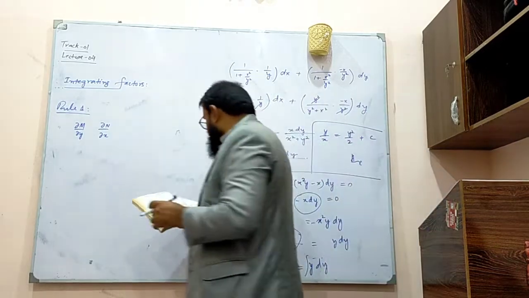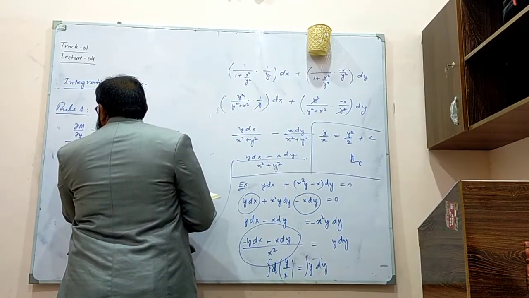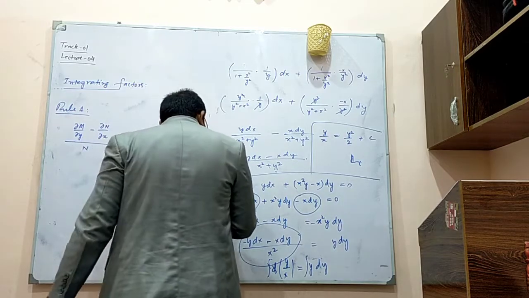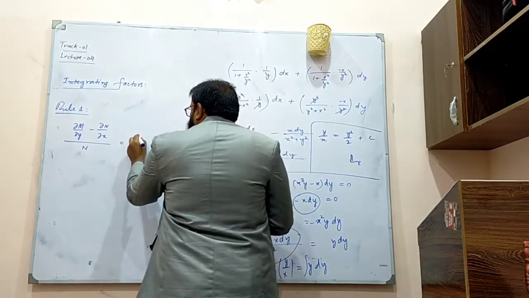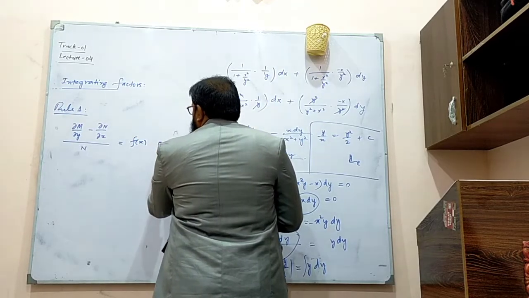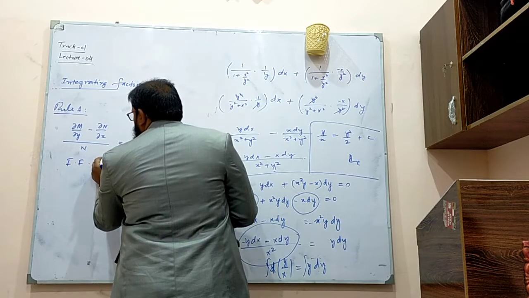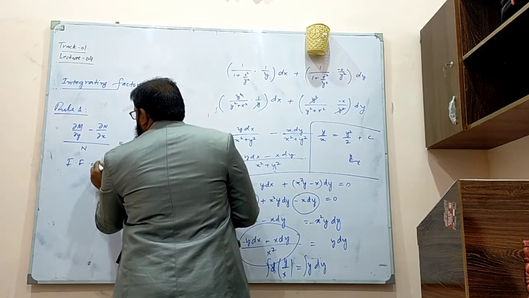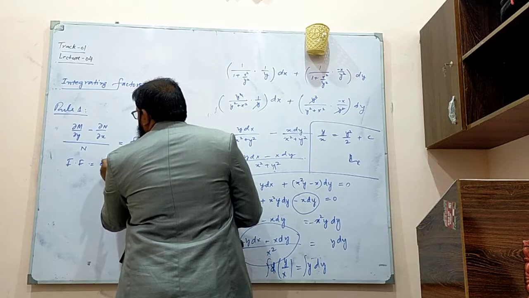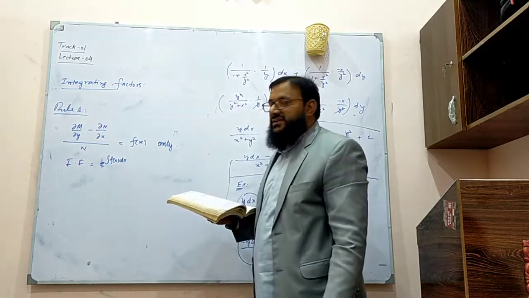What you do is subtract them and divide this quantity by n, and if you get a function of x only, then your integrating factor would be e power integral f of x dx. This is your integrating factor.